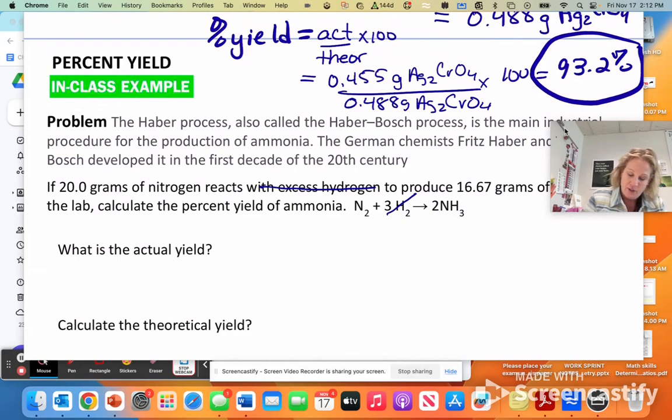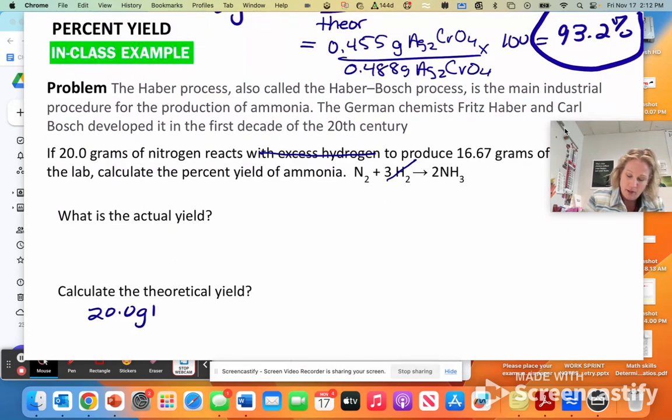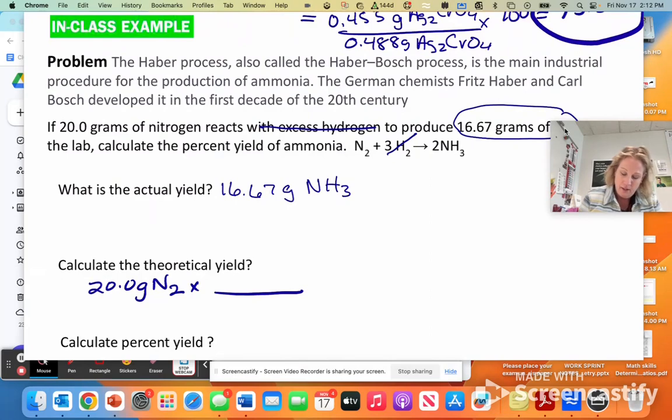So when we use the 20 grams of nitrogen, we know that's limiting, so we know we don't have to do a limiting problem. The actual yield is given in the question right here. So that would be 16.67 grams of ammonia. Theoretical, we do need to calculate it.